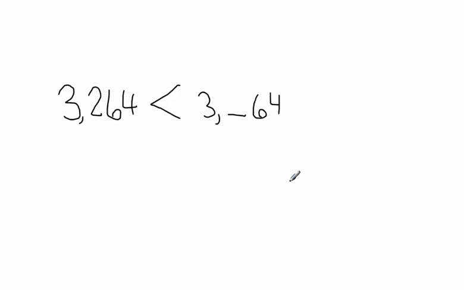What numbers could I put there to make it true? What numbers could go there? So 3,264 is less than 3,_64. What could I put in that blank?